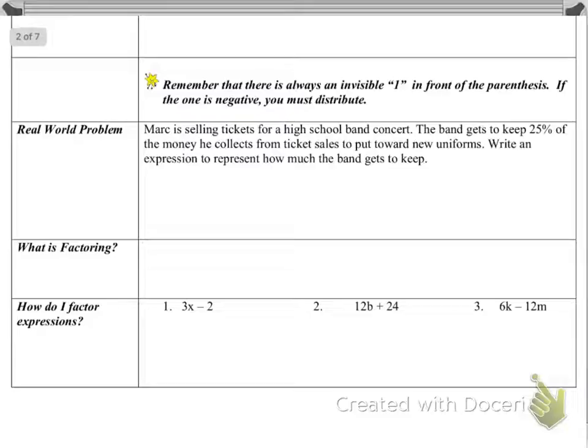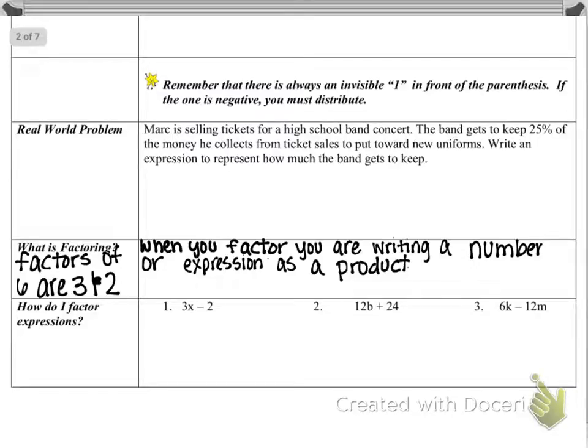So, looking at 6, factors of 6 would be 3 and 2. When you factor, you're writing a number or expression as a product. So, I'm going to pause this and we're going to write that down. Make sure you have what is factoring down, along with the extra example. Factors of 6 are 3 and 2.